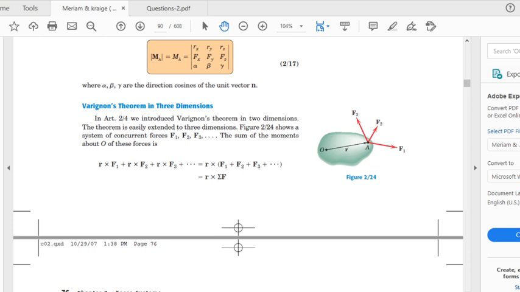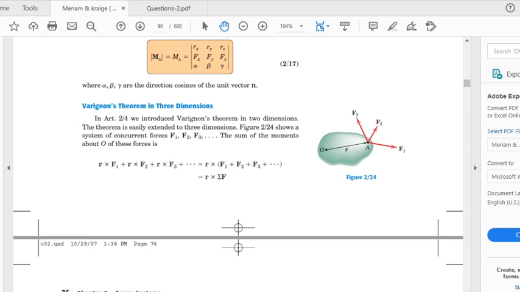It is applicable to concurrent forces only. So in case of concurrent forces, the sum of the moments produced by all the forces about any point O is equal to the moment produced by the resultant of the forces about that point. That will reduce your effort of taking cross products. You can just sum the forces and then take one cross product with the vector r.